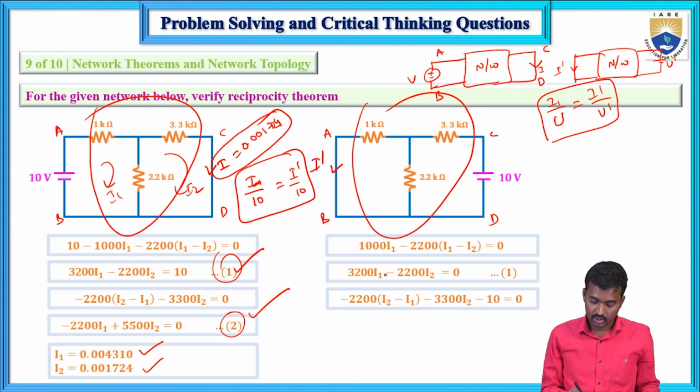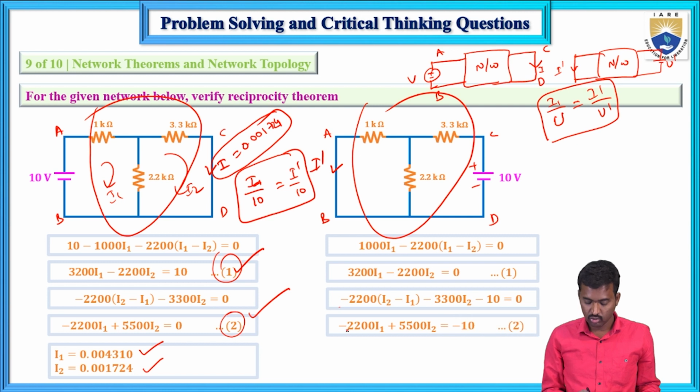Next, 2200 times (I2 minus I1) plus 3300 I2, and the current is flowing from plus to minus, so that is minus 10. Now if you simplify it, minus 2200 I1 plus 5500 I2 equals minus 10.